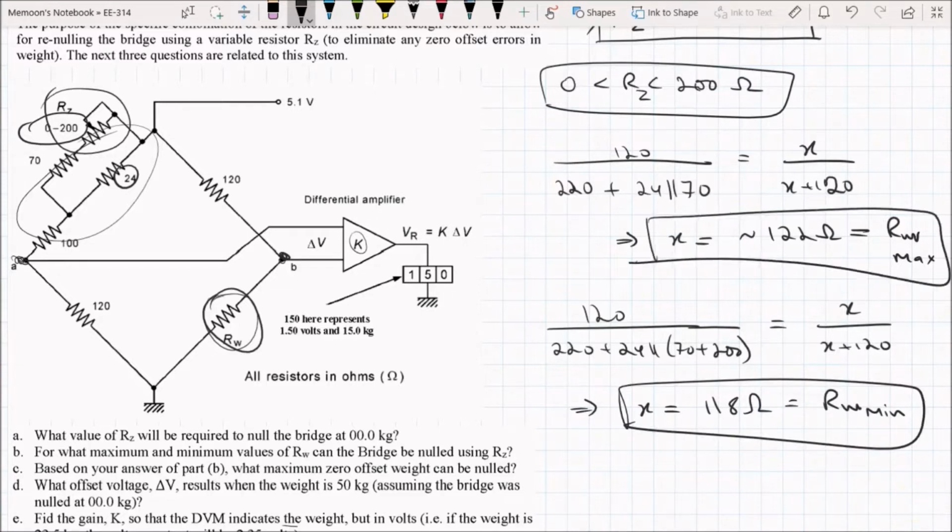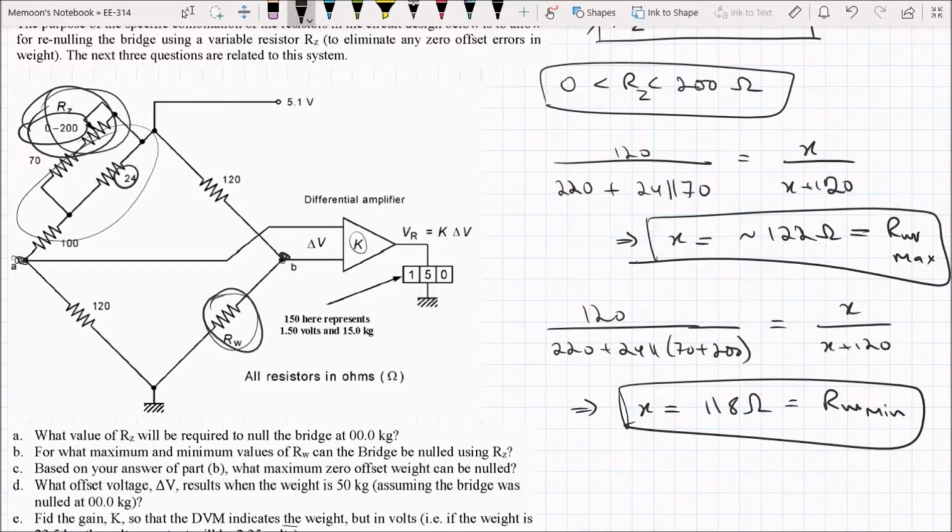So for a maximum value of 122 ohms and a minimum value of 118 ohms of Rw, this Rz can be used to correct the offset weight or the zero offset.